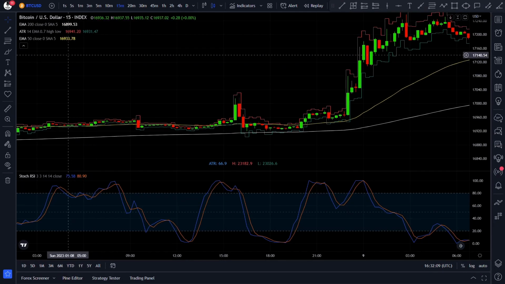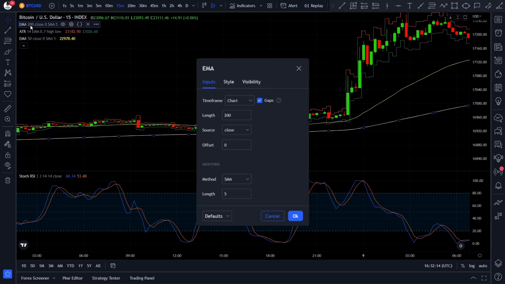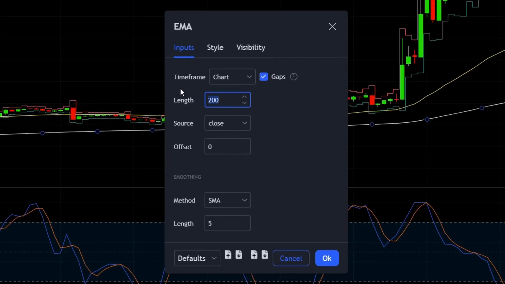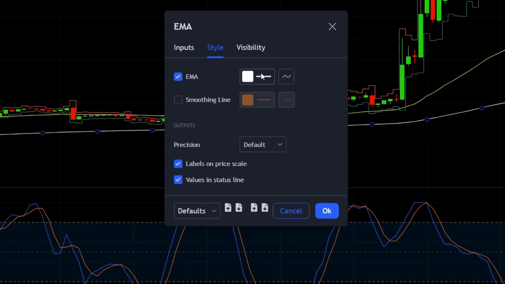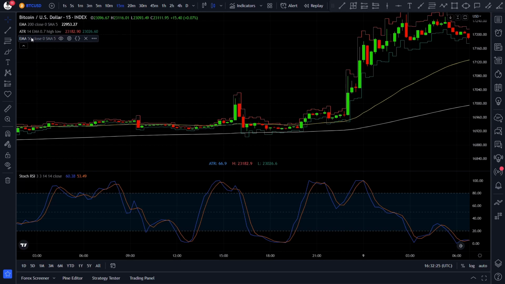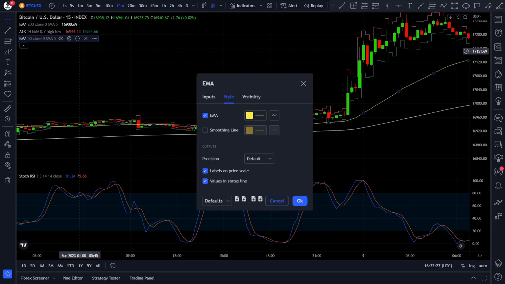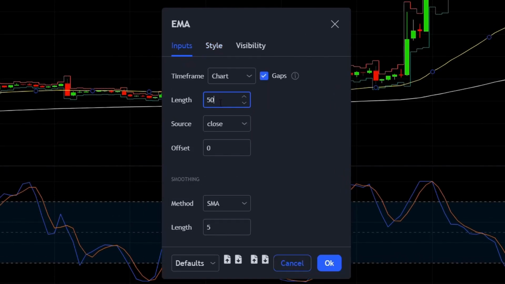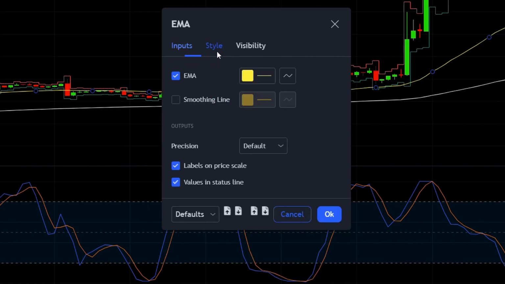Okay, once you've added all your indicators, let's modify the settings. First, go into the EMA and set the first one to a 200 length and color it white. After that, go into the second EMA settings, set it to a 50 length and color it yellow.